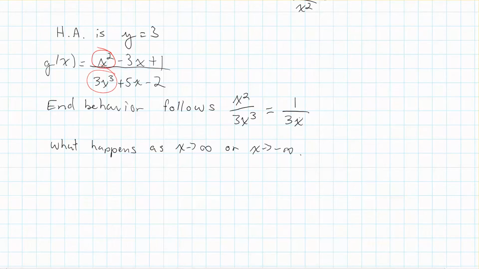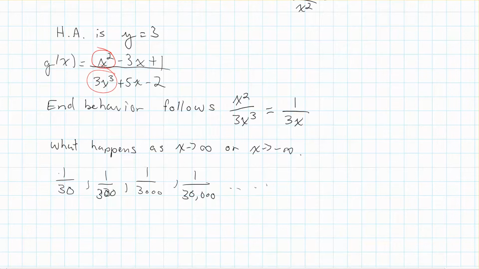It's going to go to 0. Because, for instance, if you did some simple computations with the positive one, if x equals 10, you'd have 1 over 30. X equals 100, 1 over 300. X equals 1,000, 1 over 3,000. And 1 over 30,000, and so on, if I keep putting in bigger numbers.